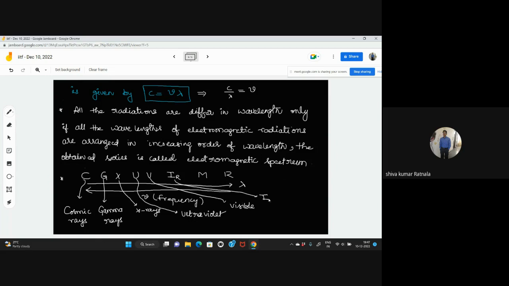I represents infrared. M represents microwaves. And R represents radio waves. This is the sequence of the radiations. Clear?